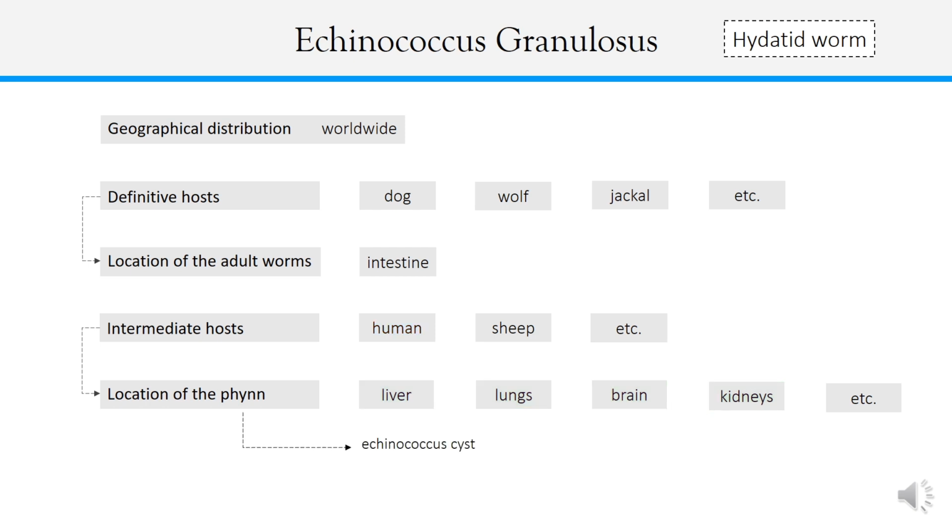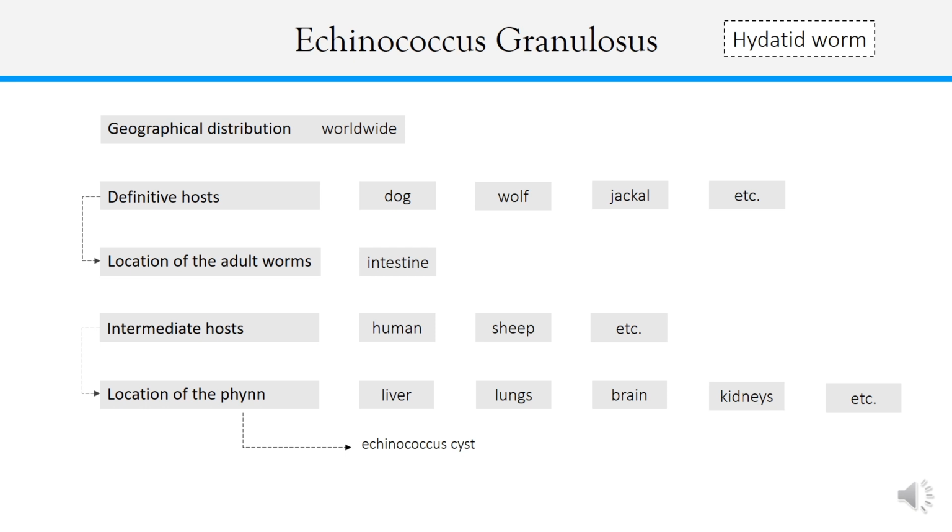The morphological type of the fin characteristic for the Echinococcus granulosus parasite is called Echinococcus cyst. Once again, as I mentioned previously, fin is the general name of the immature form of these parasites. But this fin, or immature form of different parasites, may have different morphological representations.